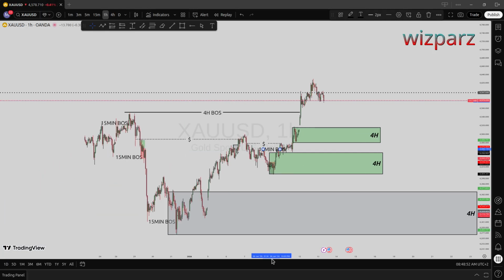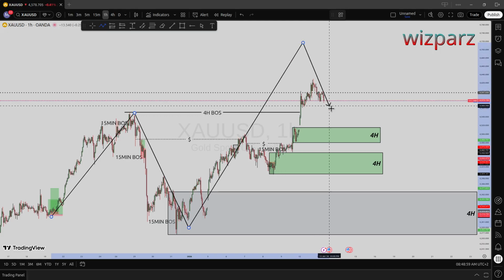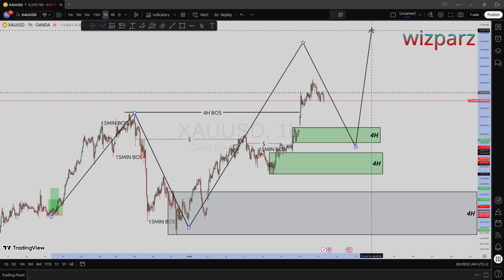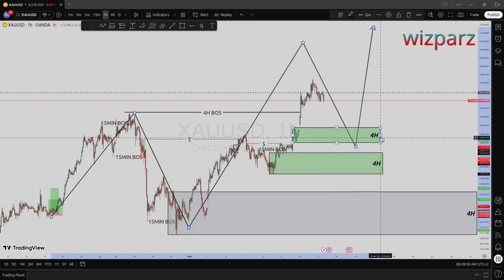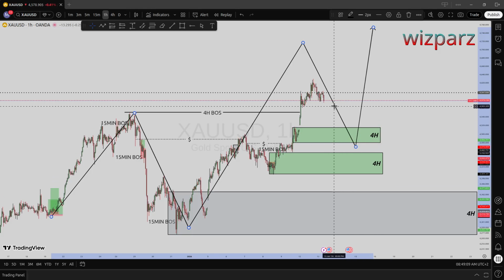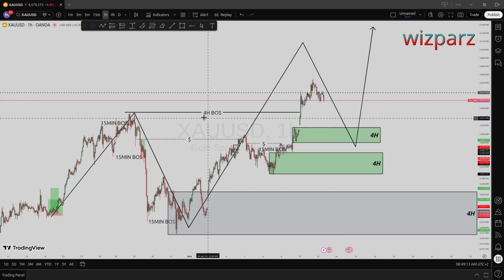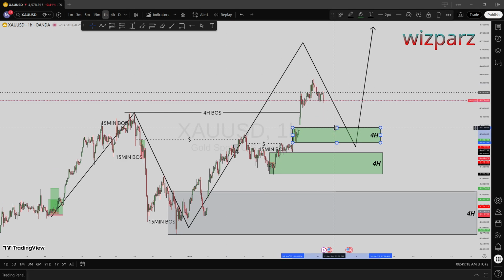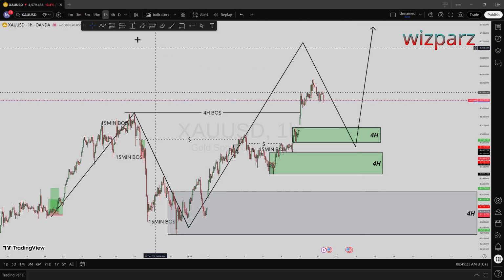As you can see, the market is trending up, making higher high, higher low, higher high, and we are expecting the market to come back and make a pullback to this demand area, then look for a long opportunity. This is our major demand area, and you are waiting for price to come back to this area and look for a long opportunity.